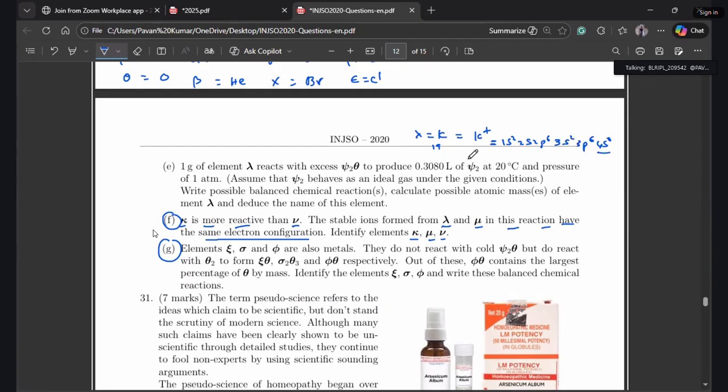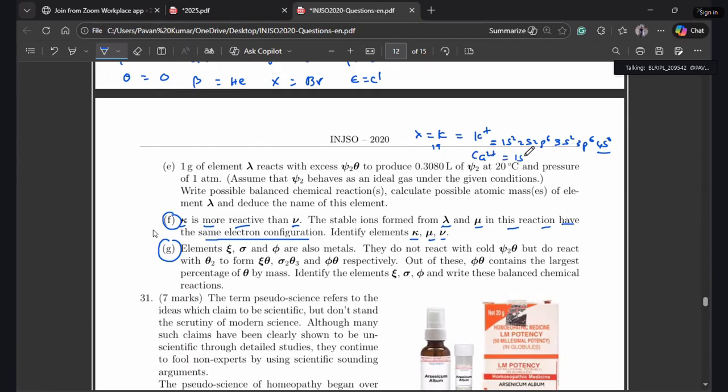The stable ions formed by lambda and mu in this reaction have the same electronic configuration. In the same group, we won't get the same electronic configuration. If you take sodium, you won't get the same electronic configuration. Even if you take rubidium plus, you won't get any stable electronic configuration. That's why I move on to another element, calcium in 2+.